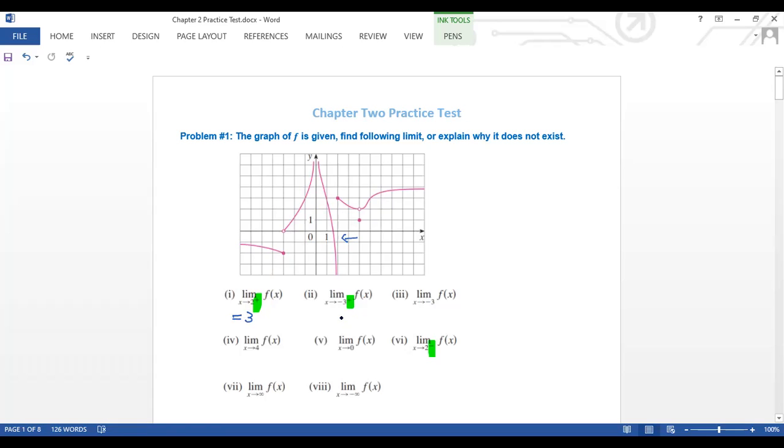Okay, now the next one here is, let's say, I want to find the limit at -3. So -3 is 1, 2, 3. So it's here. And you also approach from the right-hand side. So this is the right-hand limit. Then you just follow your graph. You go to the right-hand side. So what is it going to reach here?